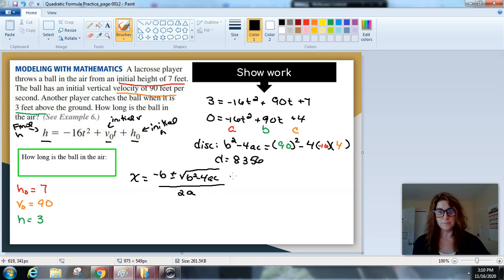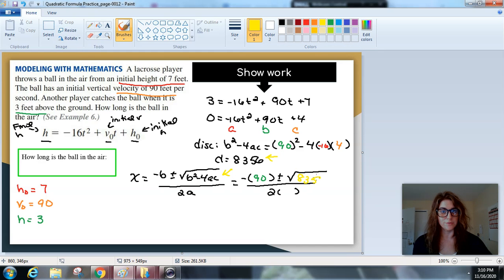Plug in everything we know. And then start simplifying. So the negative of b, negative 90. Our discriminant, remember, that's this, goes right in here.